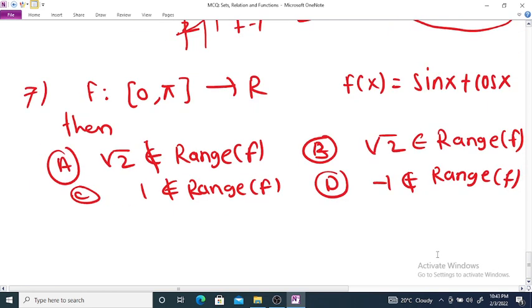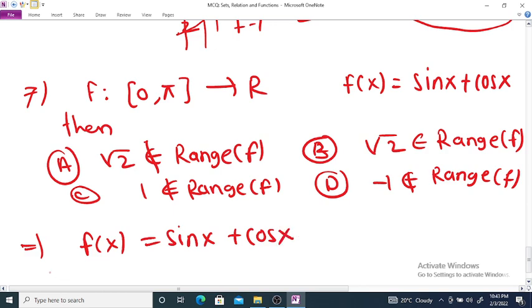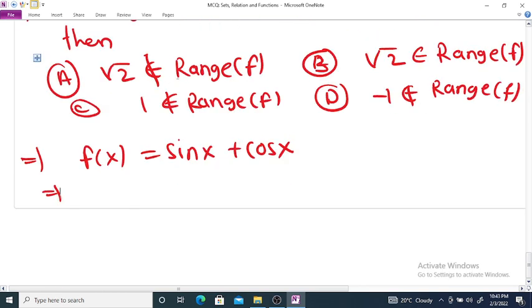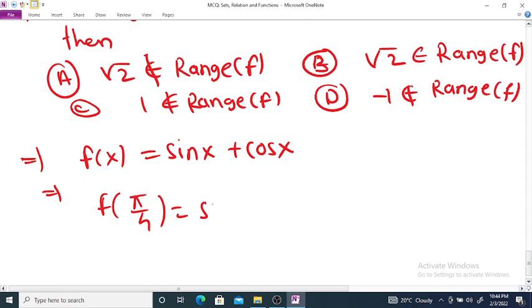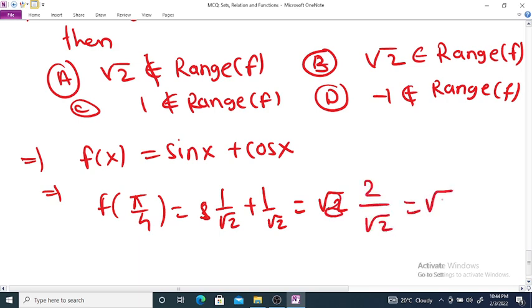So the given function is what? f of x is equal to sin x plus cos x. We know that, since pi by 4 lies in 0 to pi, f of pi by 4 is equal to sin pi by 4, that is 1 by root 2, plus 1 by root 2, which is equal to 2 divided by under root of 2, so it is under root of 2.